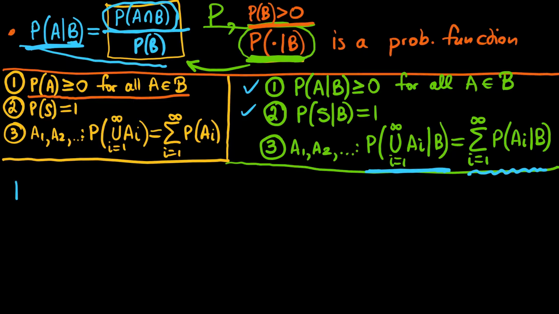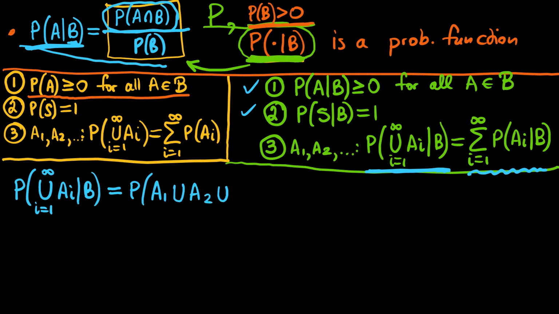We have the probability of the infinite union of sets Ai conditional on B. I'll unpack this a little bit because sometimes this infinite notation makes things a little harder to see what's going on. So what we really have here is A1 union A2 union A3, and so on, and this is conditional on B.